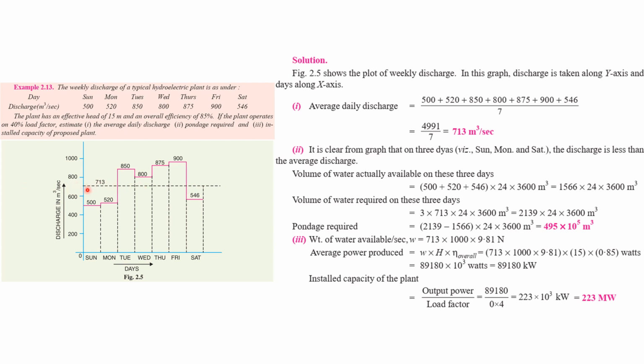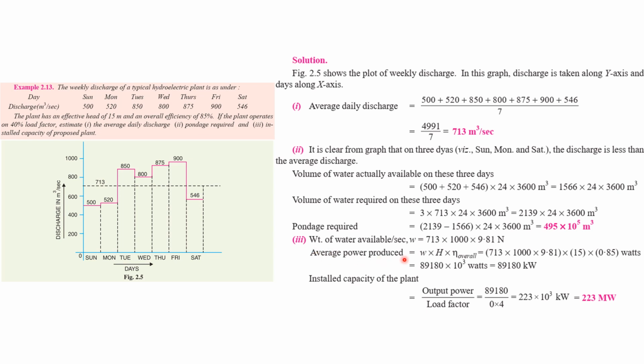With this average discharge rate, you can calculate the weight of the water available to you every second. So 713 into the density of water in kilograms per meter cube, and into 9.8, the acceleration due to gravity. So this much weight of the water is available to you on average in this week.